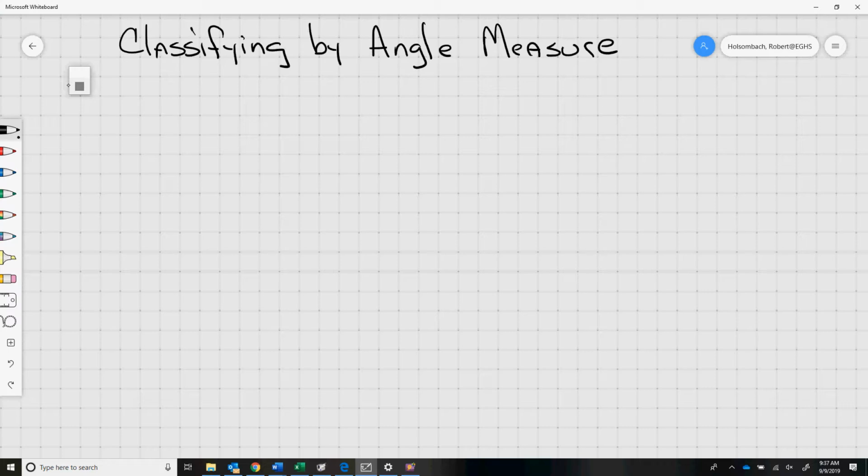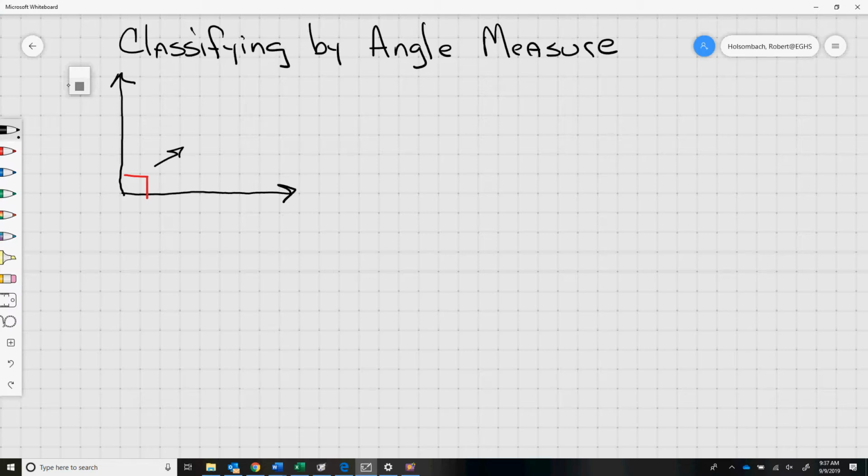So the first angle we're going to draw is what's called a right angle. When you draw an angle that's exactly 90 degrees, you put this little box in there. Whether it's a black box, a blue box, or a red box, that little half of a box means 90 degrees.